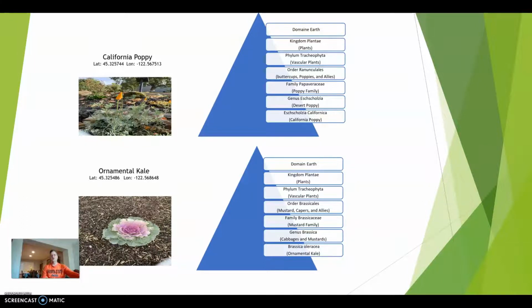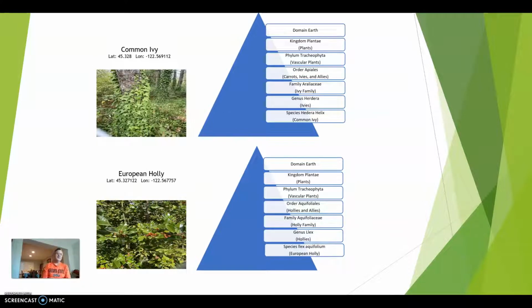So it's pretty hardy. But one of the things that I really discovered as part of this walk is you start to see stuff like the Hedera helix, which is the common ivy. It's a pretty invasive species. It's starting to overtake some areas within this nature area, and in some cases can be pretty detrimental to an ecosystem because it starts to choke out a lot of the nutrients and resources to some of the other plants in the area.